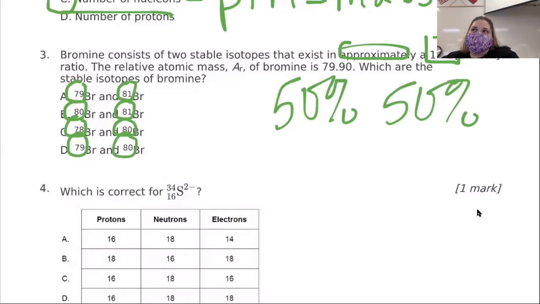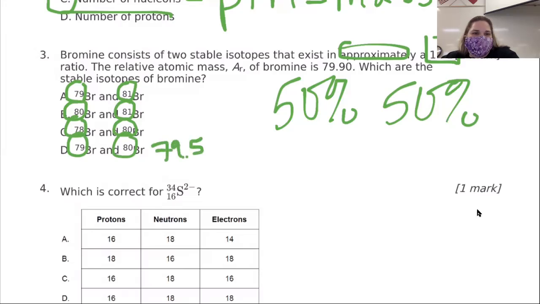What do you guys think? So if I add them up and divide by 2, it's going to be right smack in the middle, right? So what's halfway between 79 and 80? 79.5, right? Because it's a half.